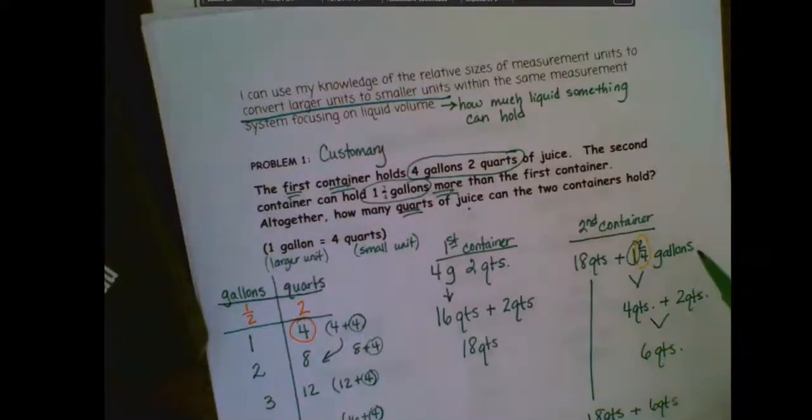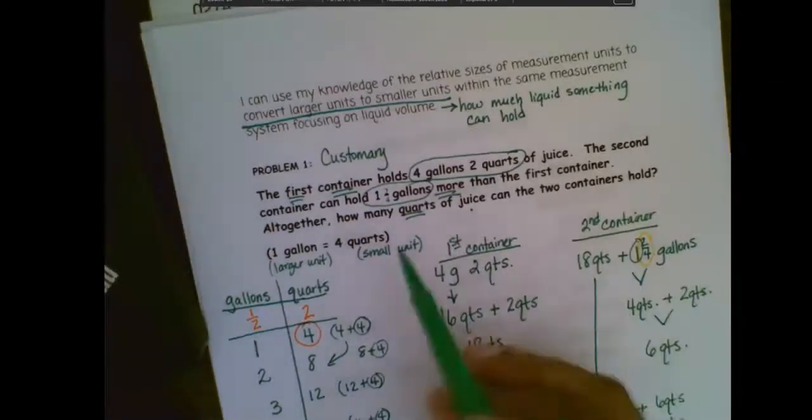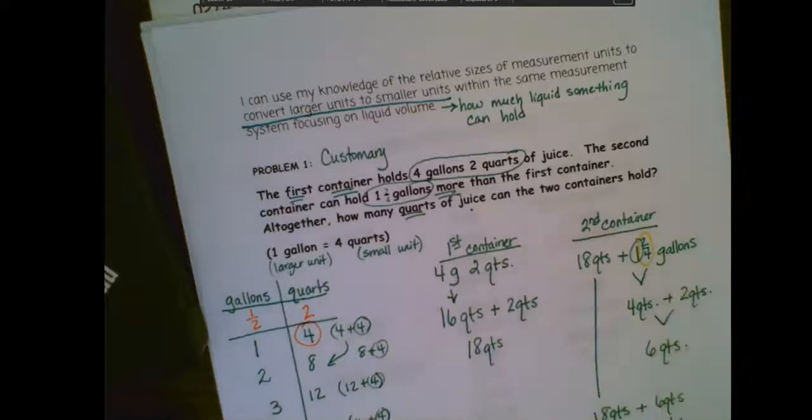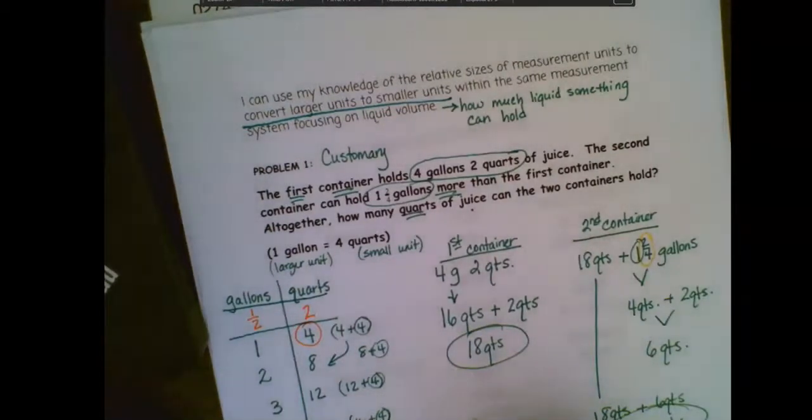I just know now how much my first container holds. I know how much my second container holds. And I need to know how many both containers can hold. So now I need to add my 18 quarts plus my 24 quarts. So 18 quarts plus 24 quarts equals 42 quarts.